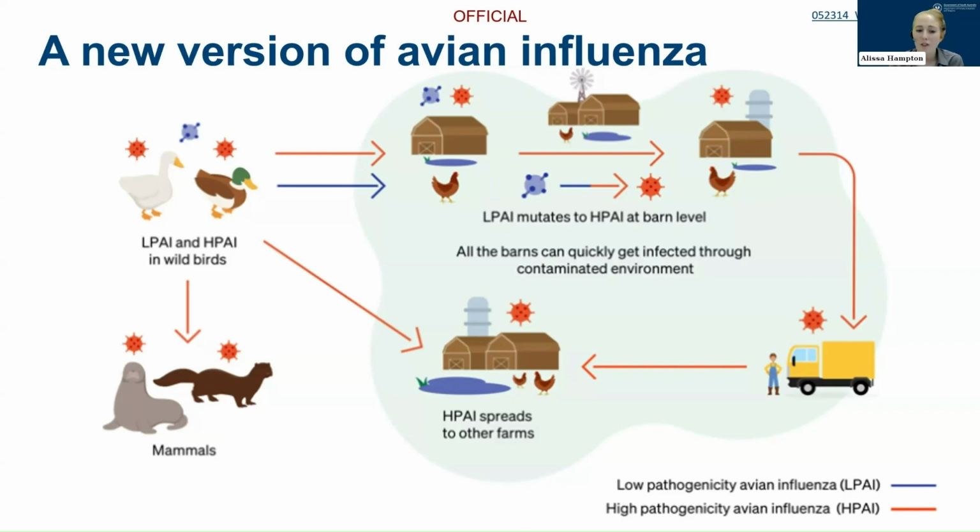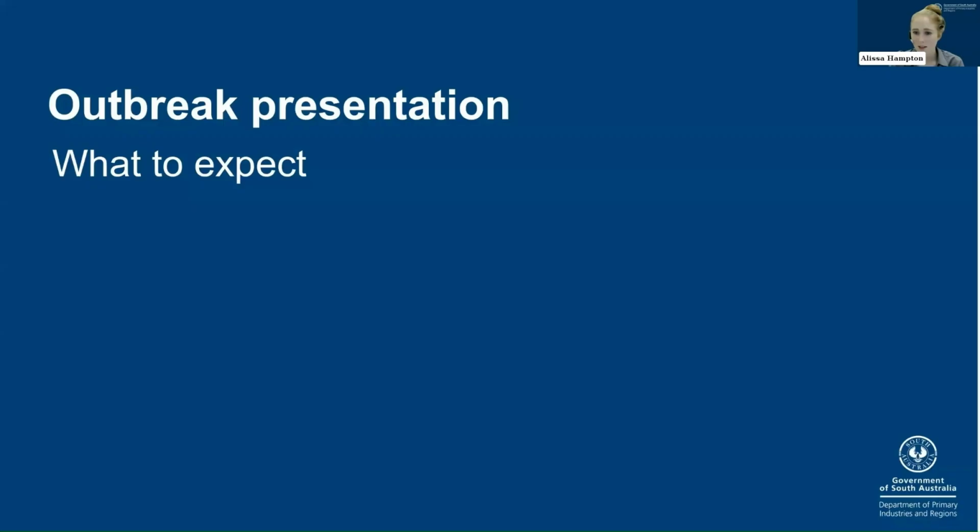And this means that the conversion step is not required, or it's been bypassed, and the poultry will start to show severe signs as soon as they're infected. And then you can also see that the HPAI in the wild birds is also spilling over into mammals, both wild and domestic species.